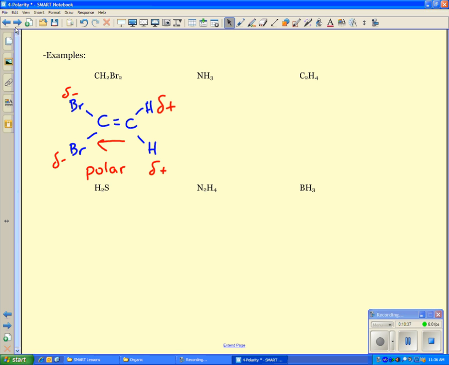Next example, NH3. Hopefully you remember this is a pyramidal shape. So one hydrogen that's in the plane, one that's sticking out towards you, and one that's going away from you into the plane of the paper.